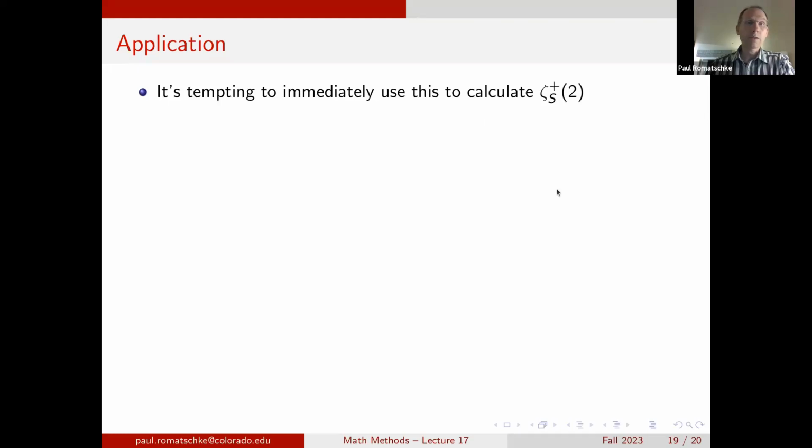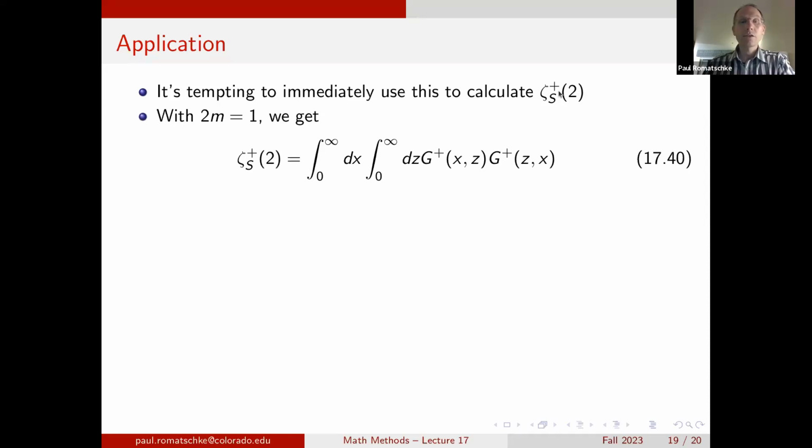So once we have the Green's function, we can use this to immediately calculate the spectral zeta function zeta_s plus of argument 2 in the parity even subsector, again choosing units where 2m is equal to 1. The spectral zeta function is just given as this double integral of the product of these two Green's functions.